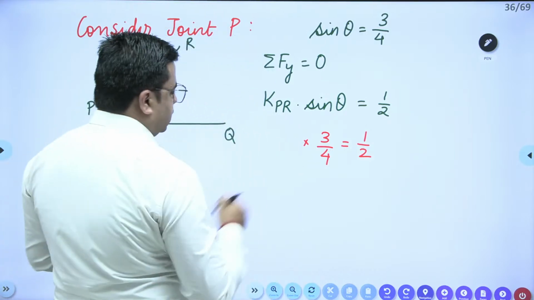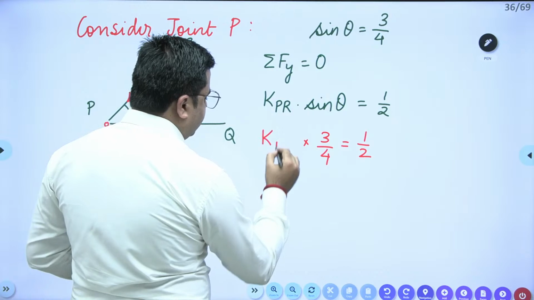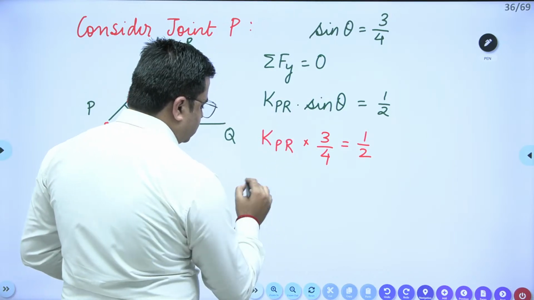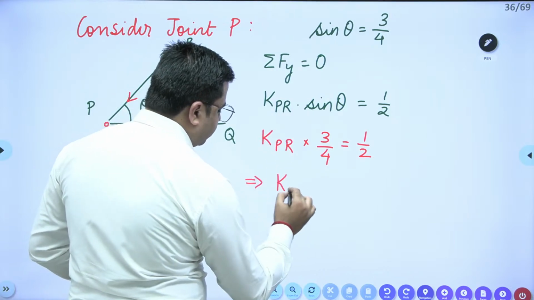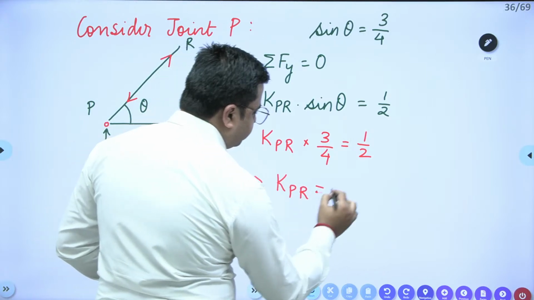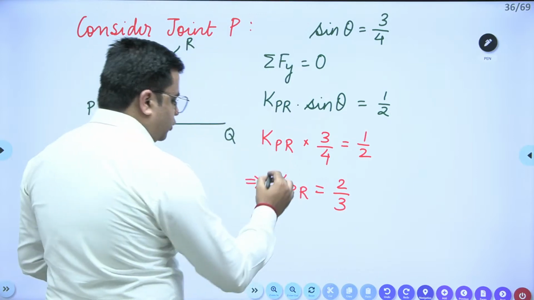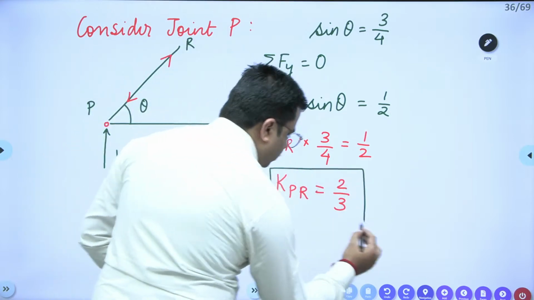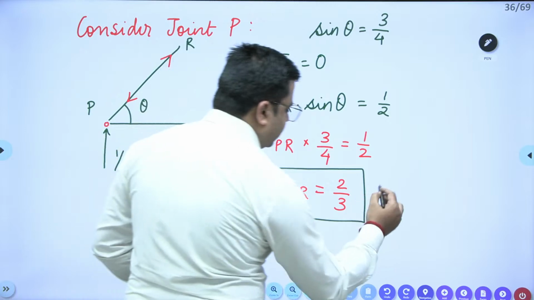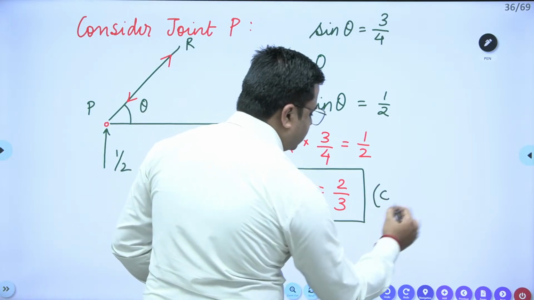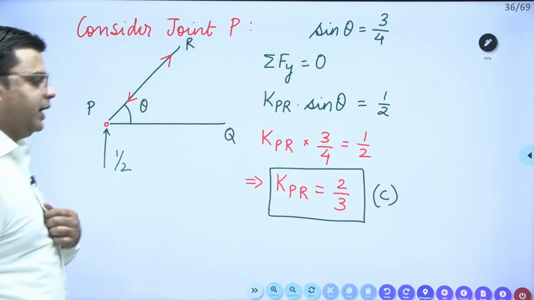So this KPR is 2 by 3, right? This KPR is 2 by 3 and the nature of this KPR is compressive, that is minus.